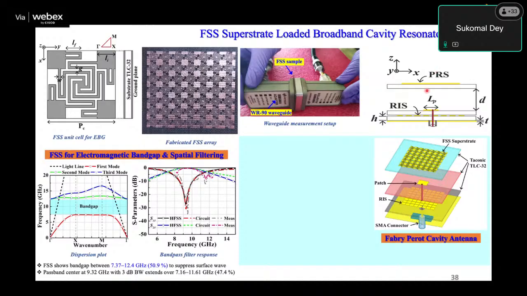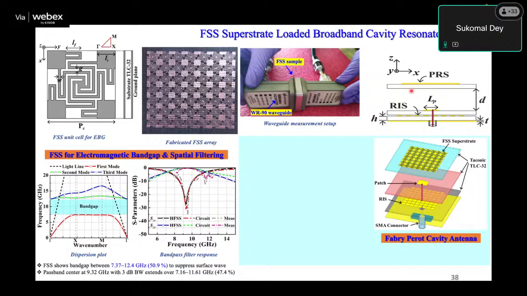The antenna is radiating, then there are multiple reflections happening, and the reactive impedance surface over here helps you not to leak the signal to the backside. All the signal is thrown to the upside.